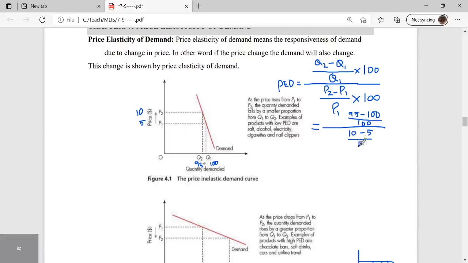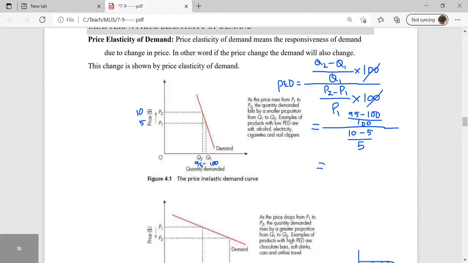The multiplication by 100 cancels each other out, so I'm not writing that. So what's the answer?